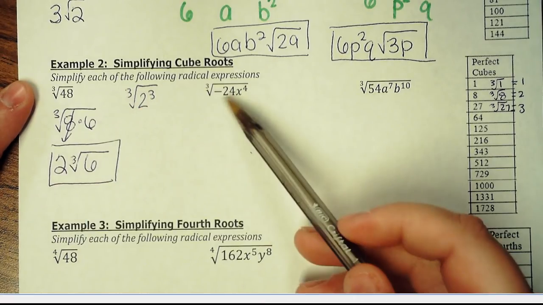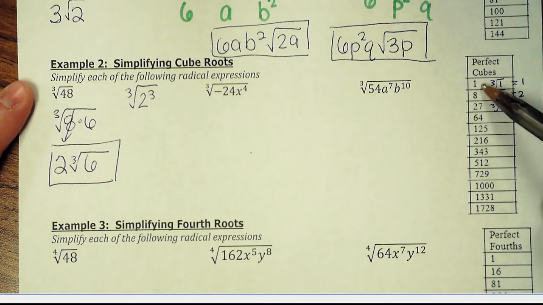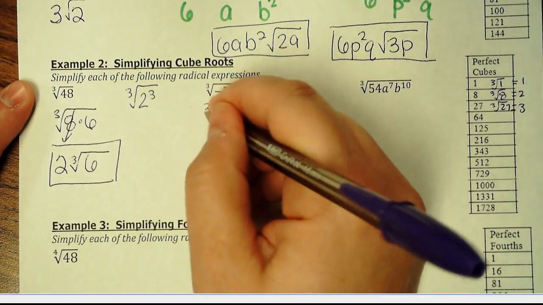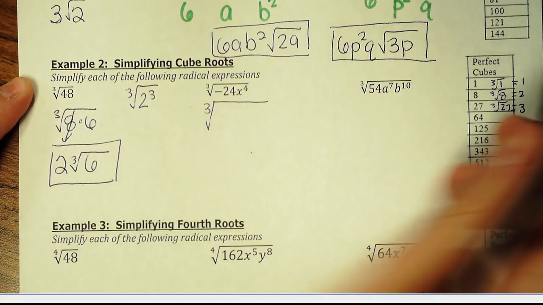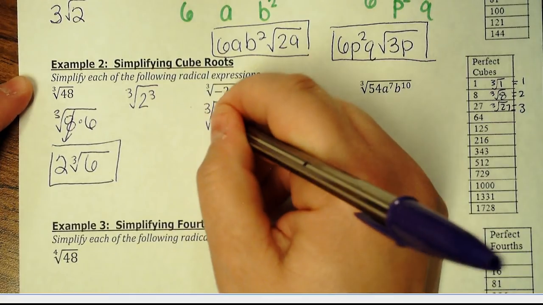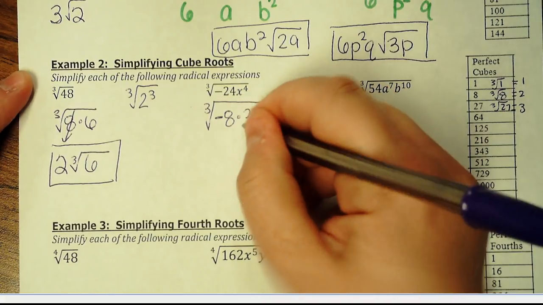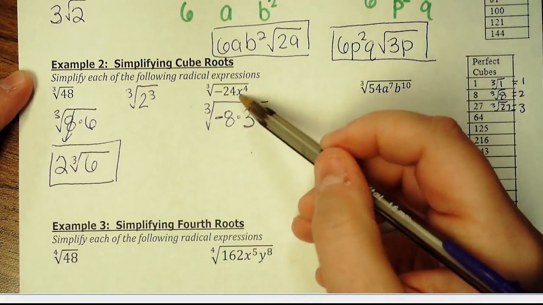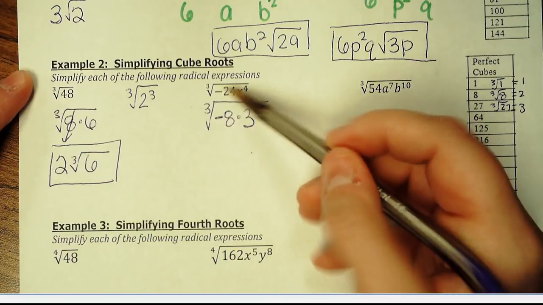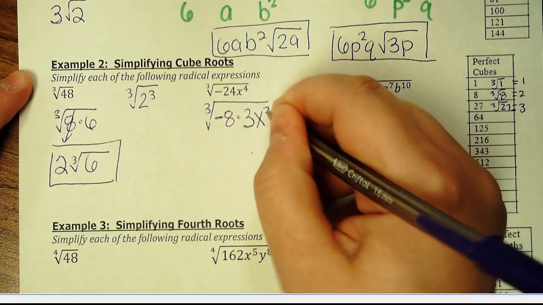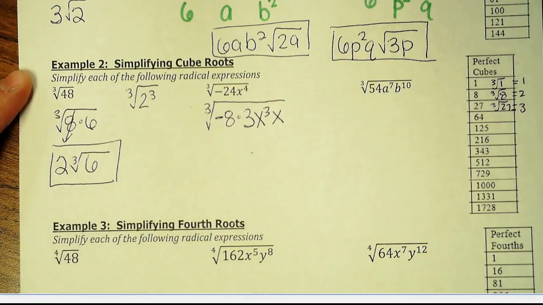You can take the cube root of a negative number. Again, we're going to use 8 here. 27 is obviously not going to divide into 24. So this would be what I would say, negative 8 times 3. I'm going to break down my exponent here because 4 is not divisible by 3. So I'm going to write x to the third times x.